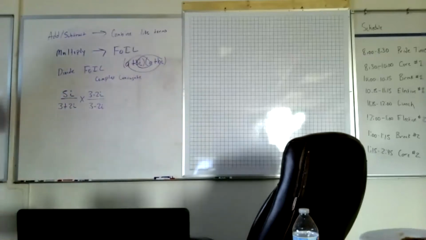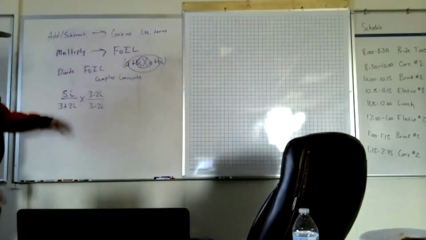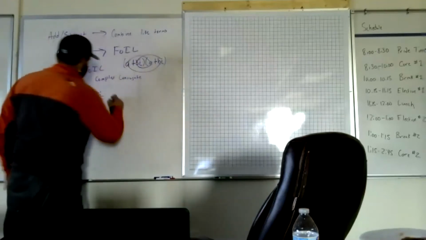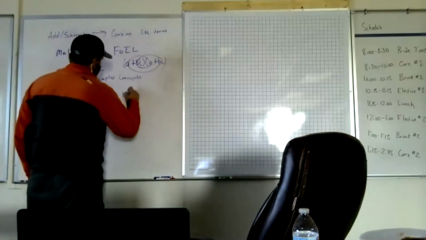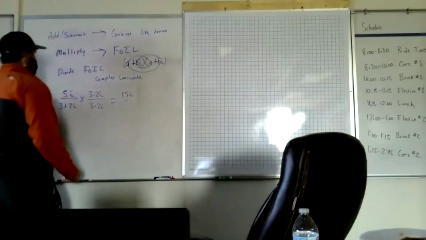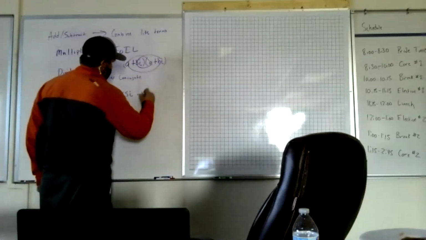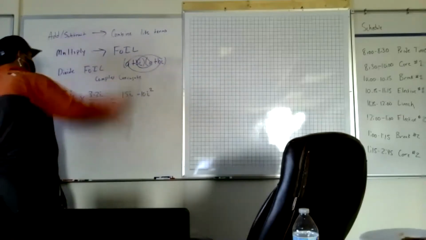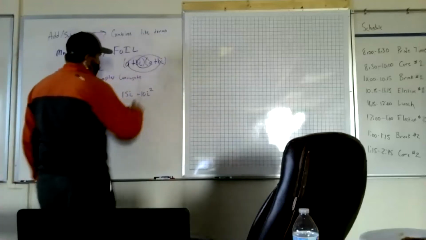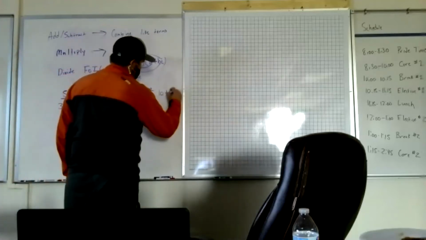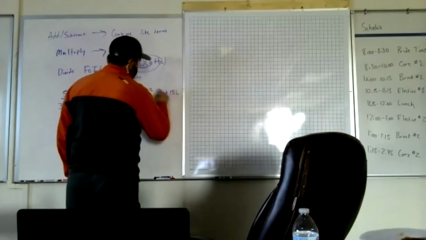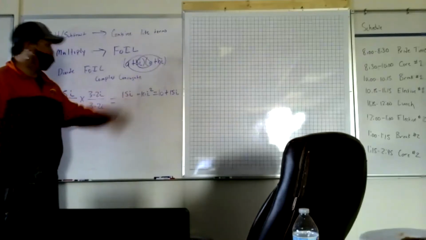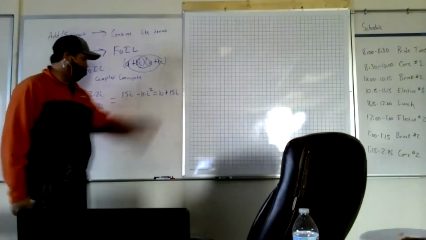This one's pretty simple because the numerator is just the distributive property. 5i times 3 gives me 15i. 5i times a negative 2i gives me a negative 10i squared. Simplify, i squared is negative 1, so that would be 10 plus 15i. And then we always put the real portion out front.